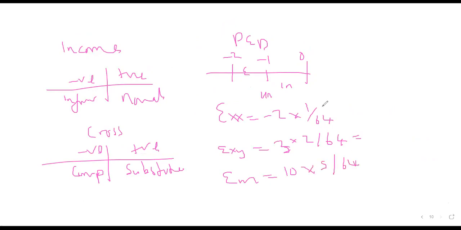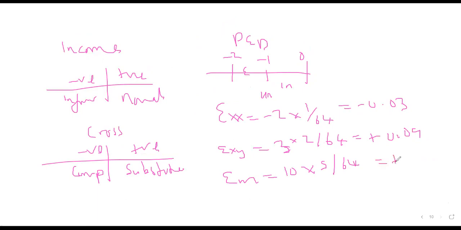So here we're getting a figure which is negative 0.03, that is 2 divided by 64. And here 6 over 64, we have positive 0.09. And here this is 50 over 64.